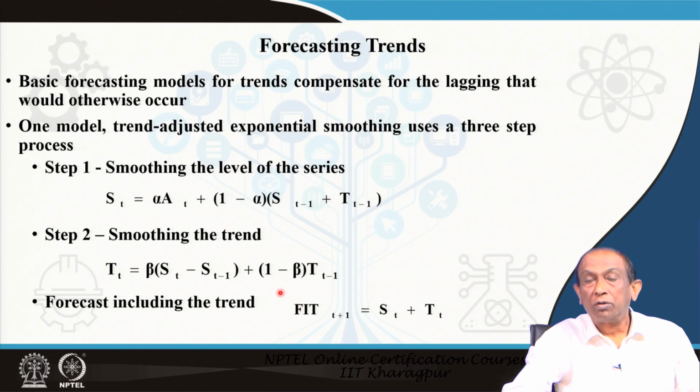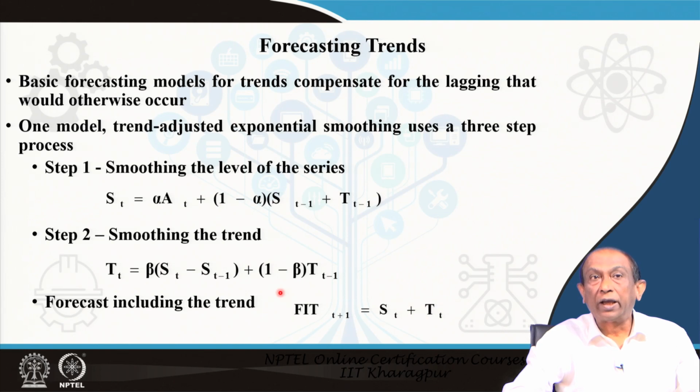Now, these kinds of models take care of smoothing the random fluctuations around the average level of demand. But these models cannot take care of the trend in the demand pattern. In fact, single exponential smoothing models lag behind this trend by a factor of alpha by 1 minus alpha, where alpha is the smoothing constant.